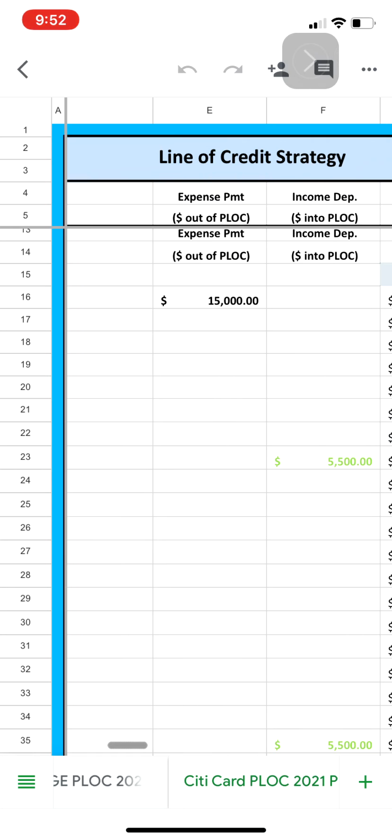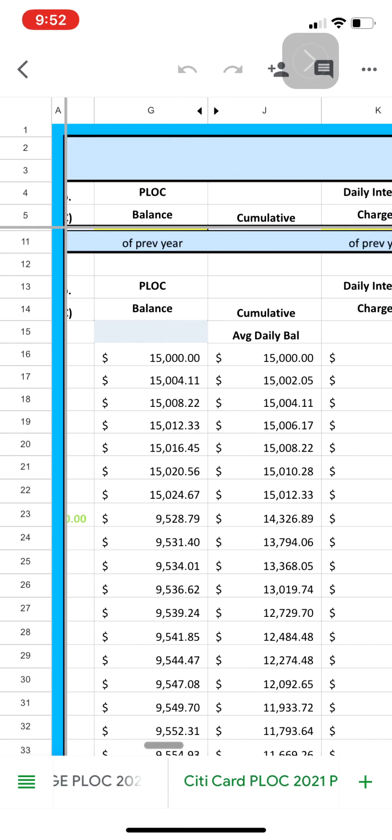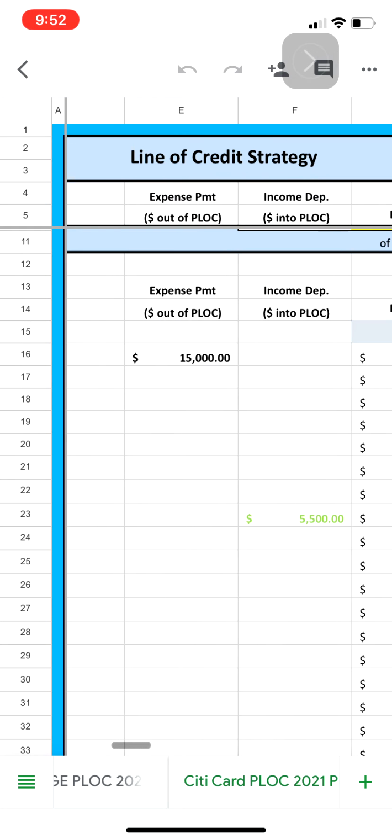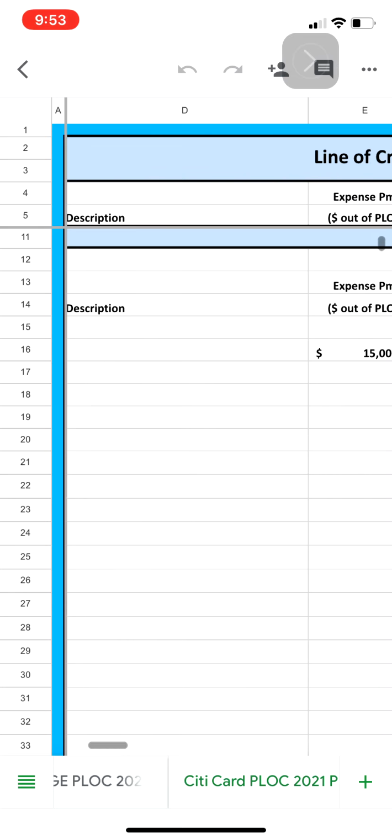You chunk 15,000. So now the balance is 15,000, and this is the daily interest you're going to pay, $4.11, right? And this is the calculator, January 2021.